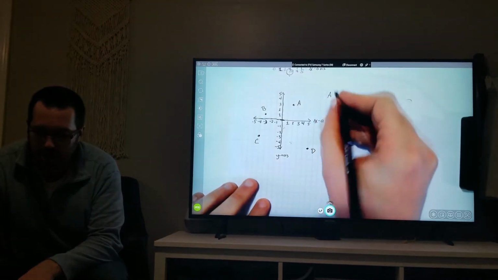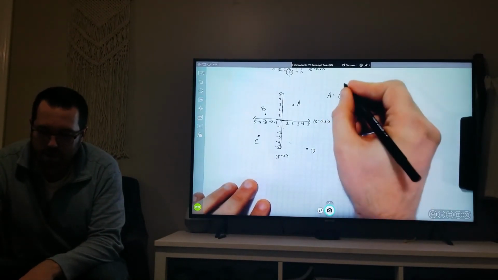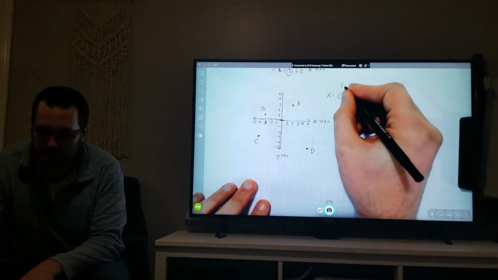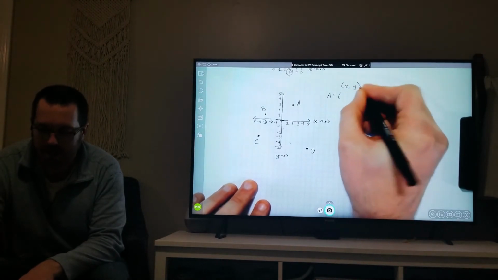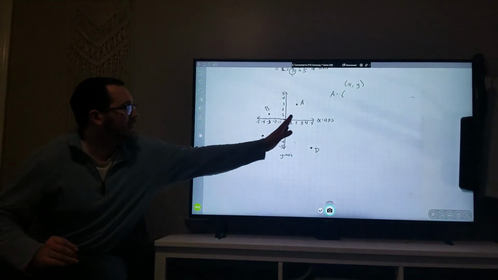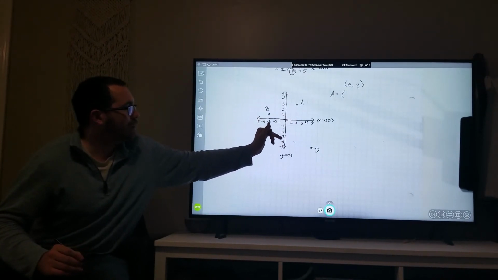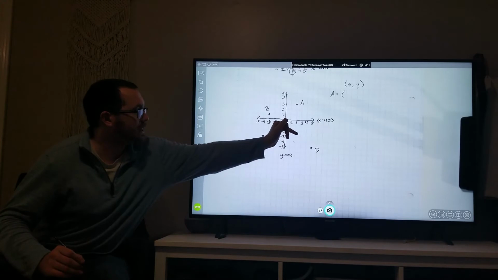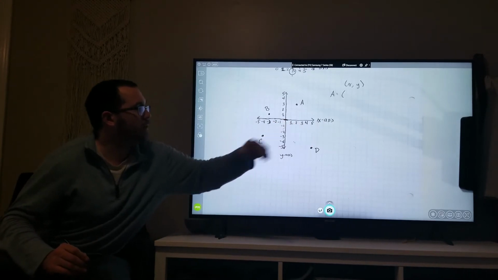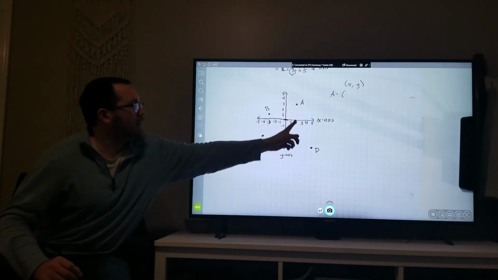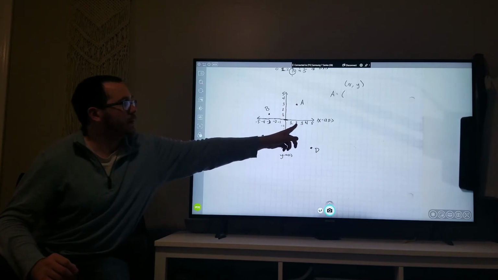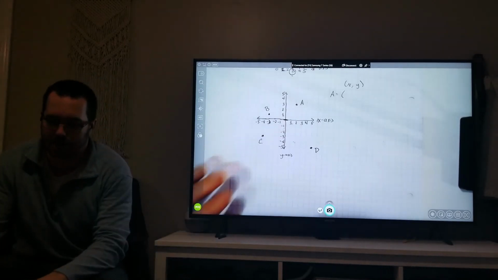So we want to start, remember when we're doing coordinates, we're going to look for the x first and the y second. The x is going to be how far left or right it is. So this is like -5, -4, -3, -2, -1, 0, 1, 2, 3, 4, 5. And if I look where that lines up, it's right with that number 2 on the x-axis.